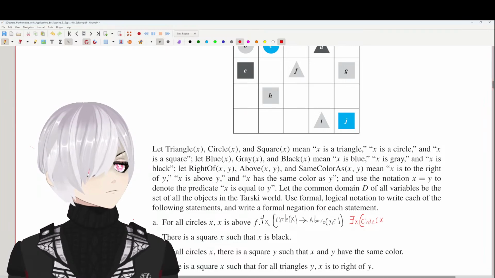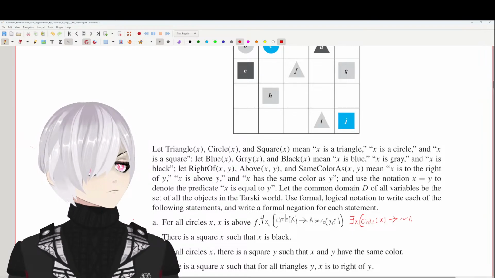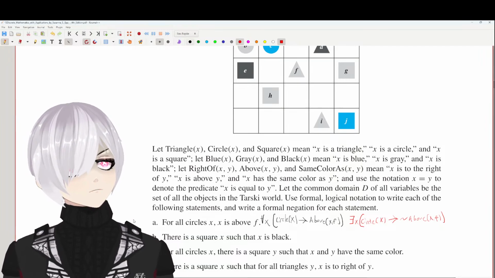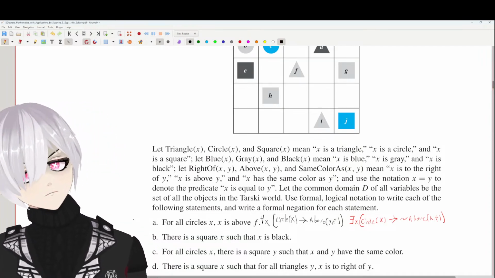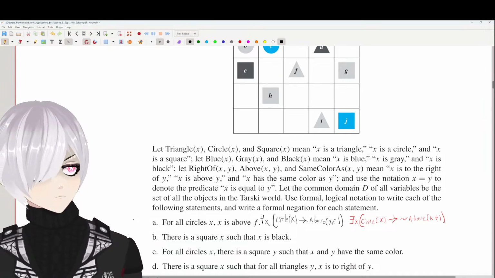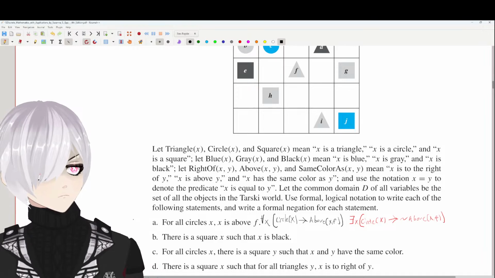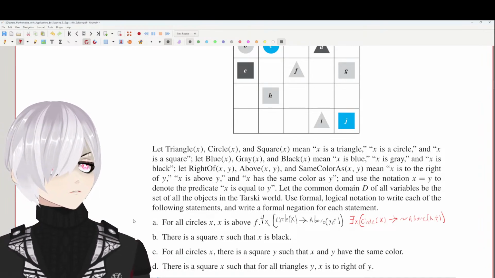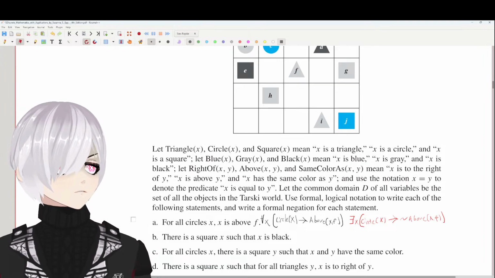Okay. So that one's almost it, but like you said, the hypothesis is true and the conclusion is false. So we'll have Circle(x) and not Above(x, f). So instead of an if-then, we'll have an and.